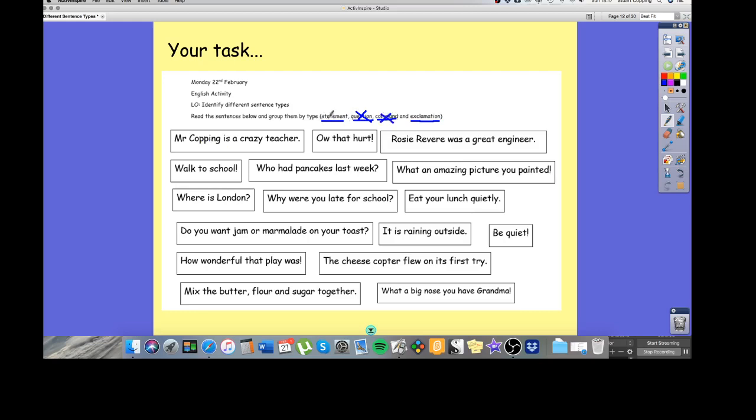So it's got to be a statement or an exclamation. The exclamation starts with how or what and ends in an exclamation mark. Does this do it? No. So the first one, Mr. Copping is a crazy teacher, you're telling somebody something. It's a statement. It's a fact. Go through, cut all of these out and stick them on the sheet in your book.